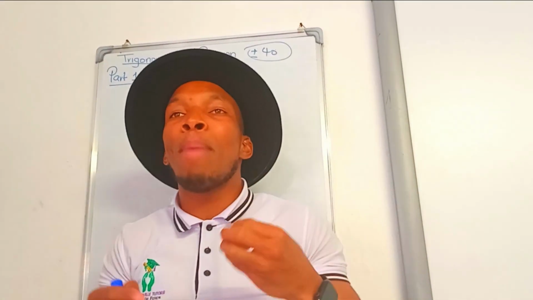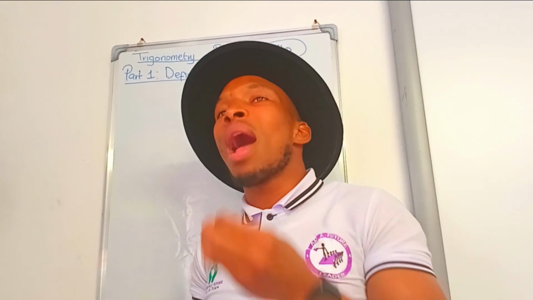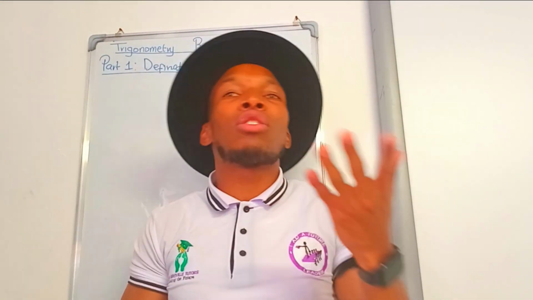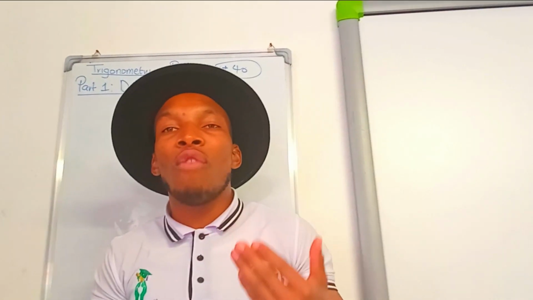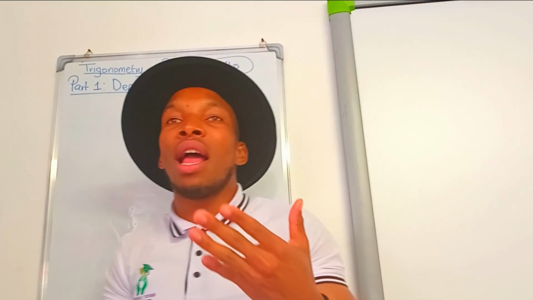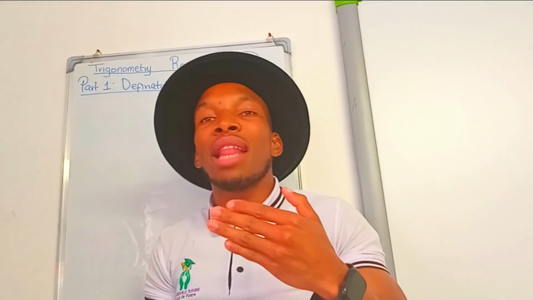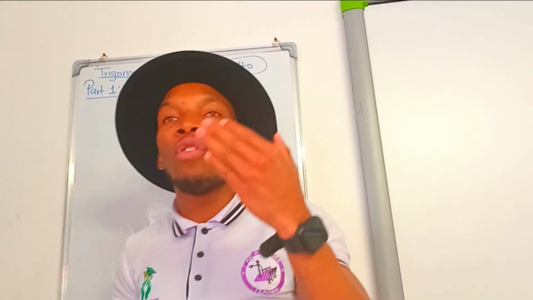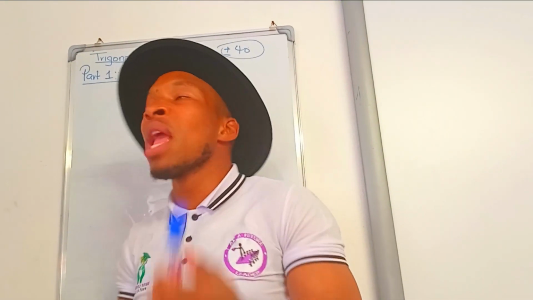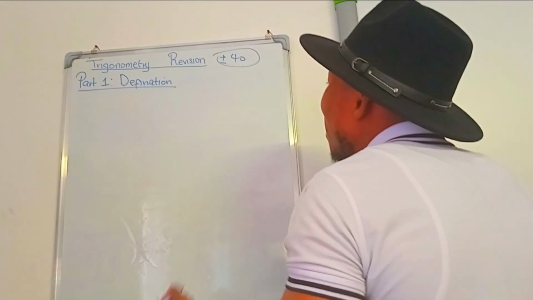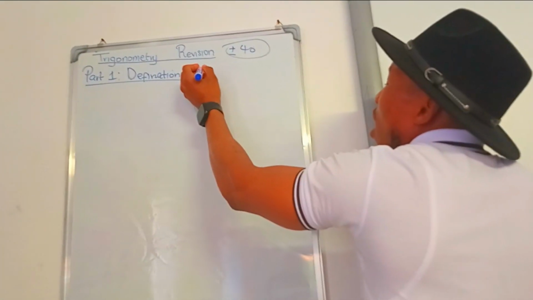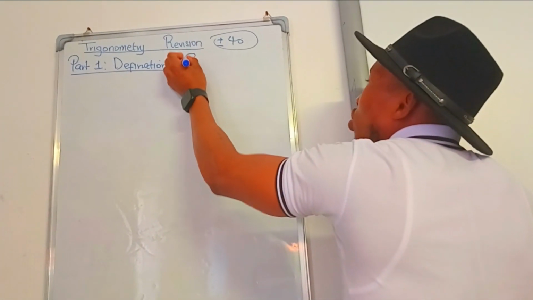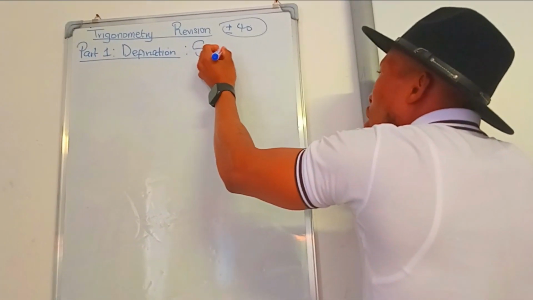That is opposite over hypotenuse, adjacent over hypotenuse, and also opposite over adjacent. Therefore we call those the definition of each trig ratio. In a right-angled triangle, the definition of each trig ratio is SOHCAHTOA.